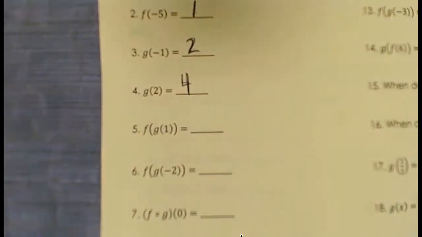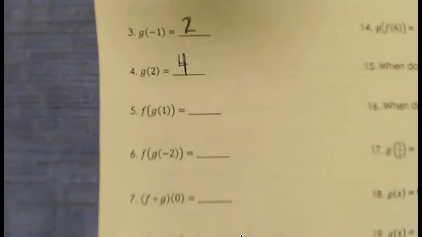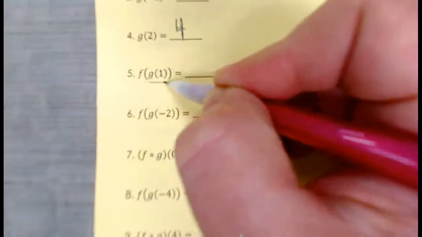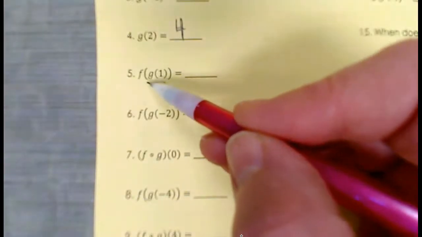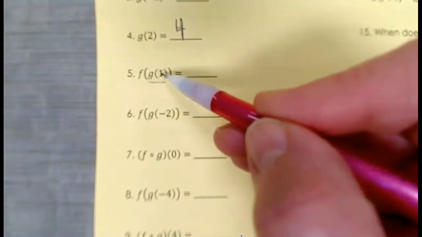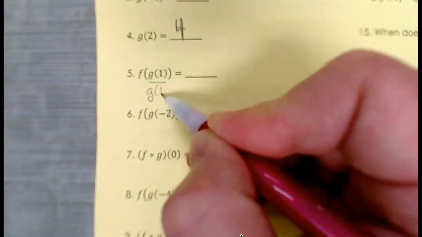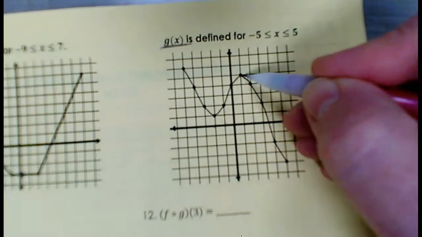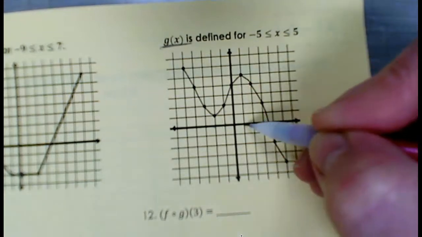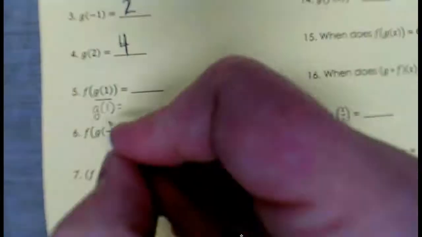Okay, that was function notation. Now we have to take that and do composites. Start here. When you're given a number, you start here. On the graph called G, if I go to the x value of 1, what's the y value? G of 1 goes with 5.